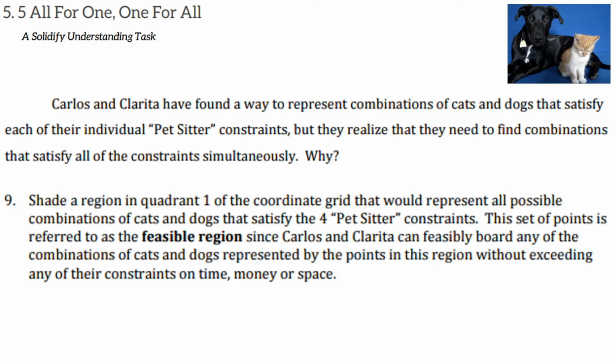Since Carlos and Clarita can feasibly board any of the combinations of cats and dogs represented by the points in this region without exceeding any of their constraints on time, money, or space. Okay, time, money, or space. What about pampering time and stuff like that? Oh, time is pampering and feeding. So that's, there you go. Okay, well, guess what? We have already done that too.